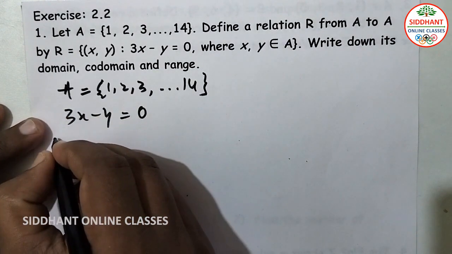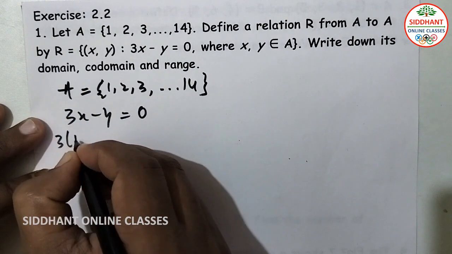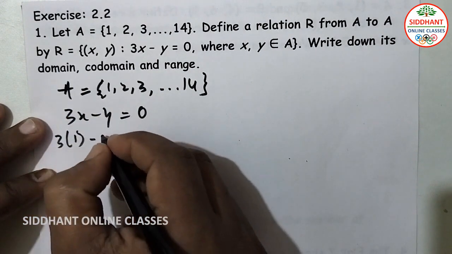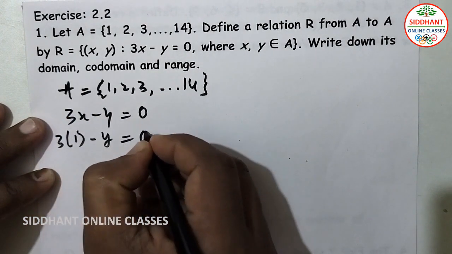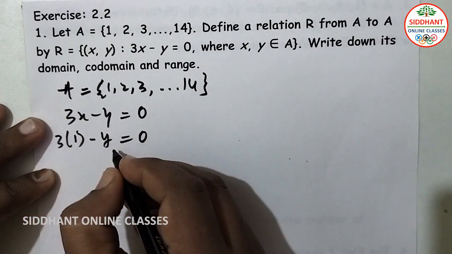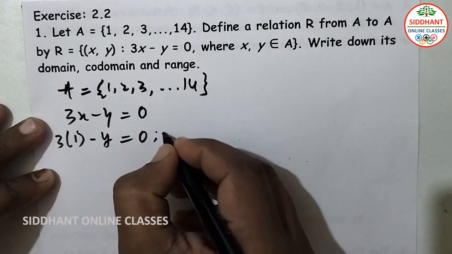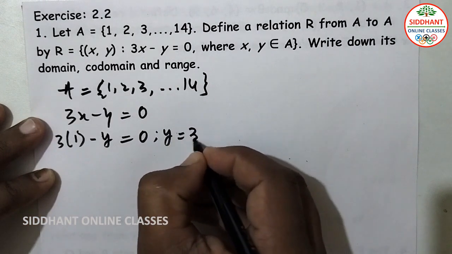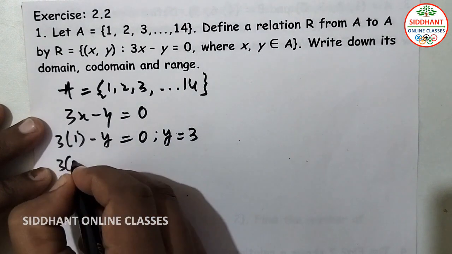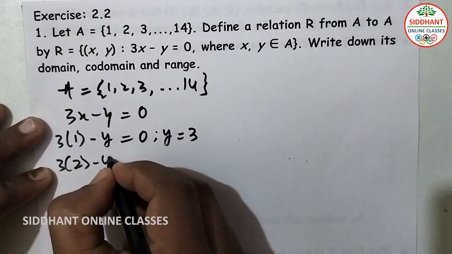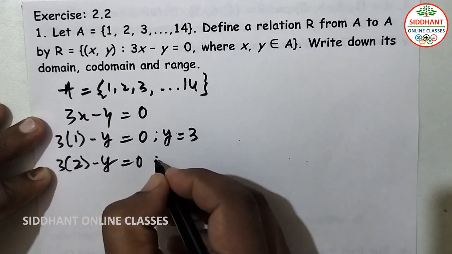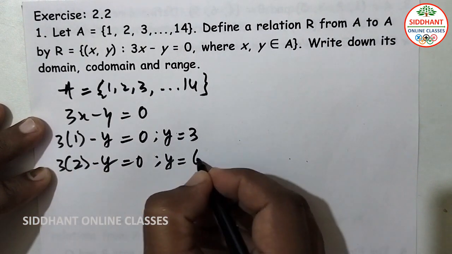So here, when you input 1, we get 3 - y = 0, so y is equal to 3. When you input 2, y will be 6.